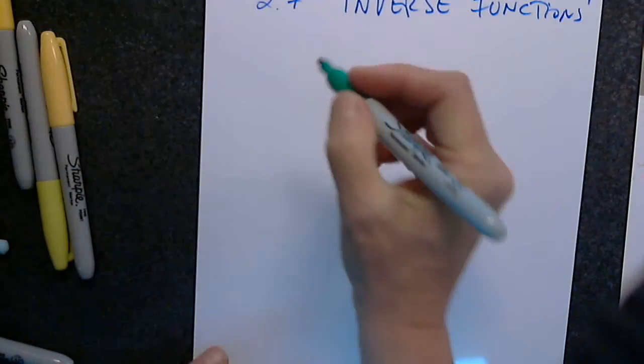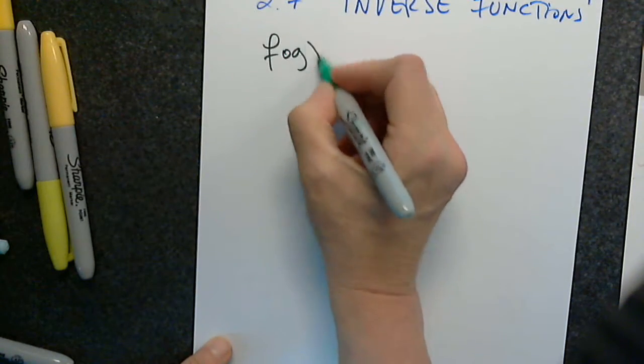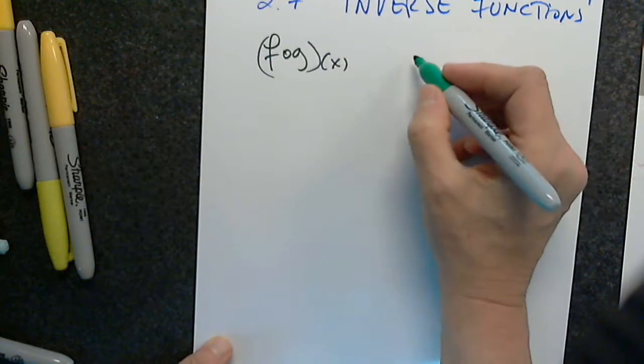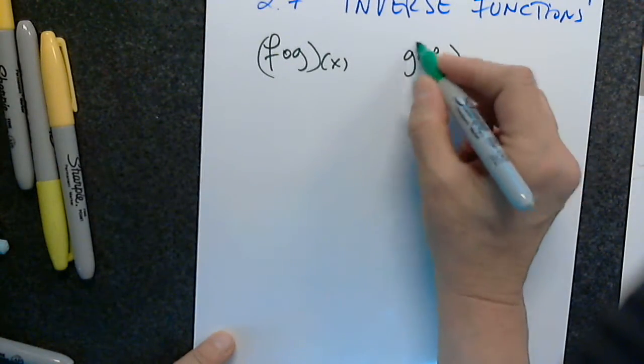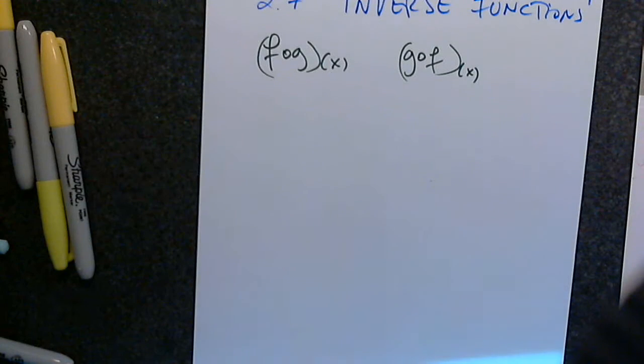We looked at function composition, f comp g, and we also looked at function composition, g comp f. Can you give me two functions in which one will undo the effect of the first one?